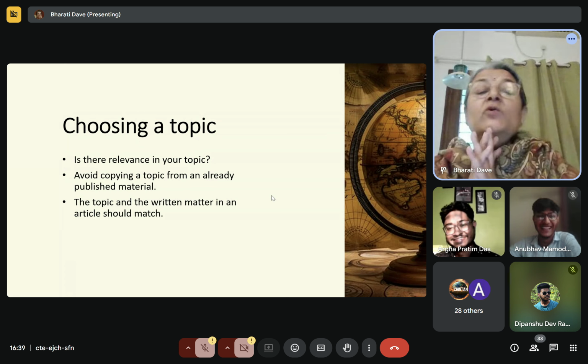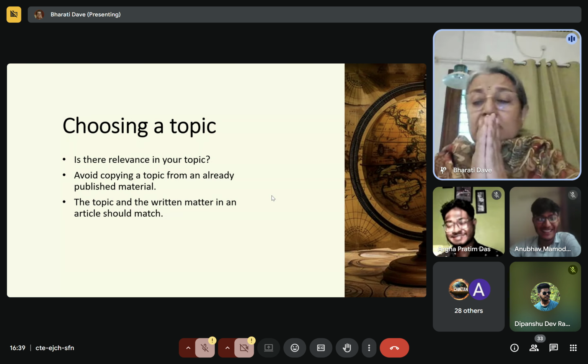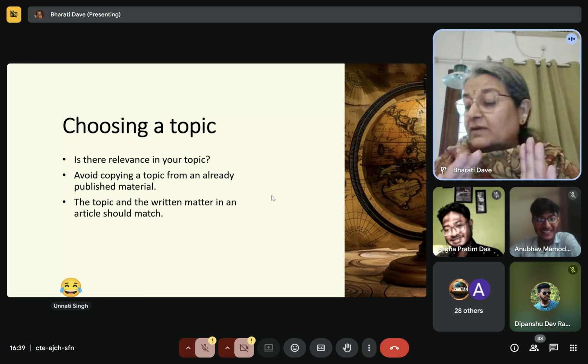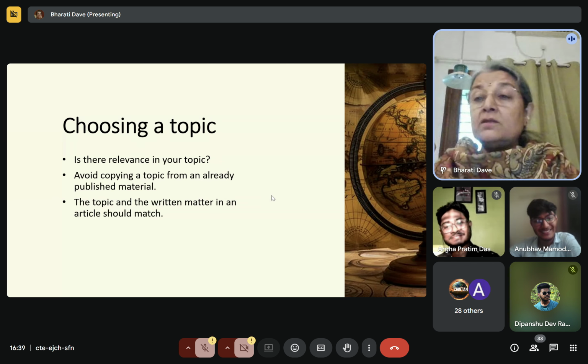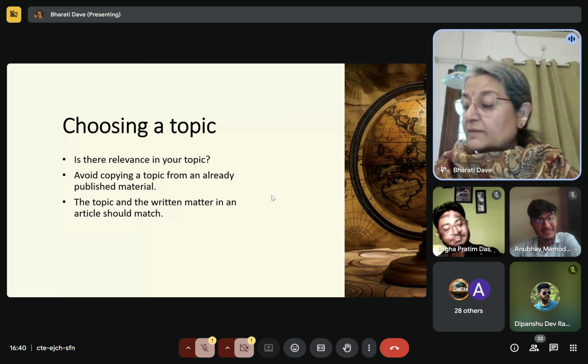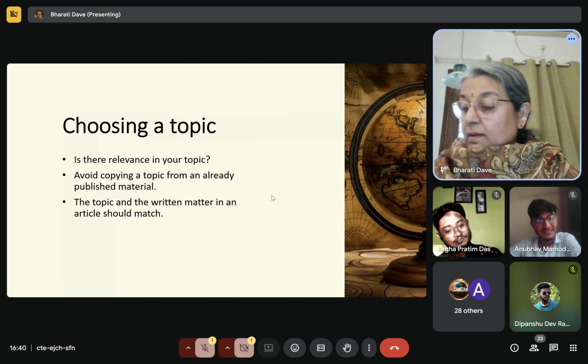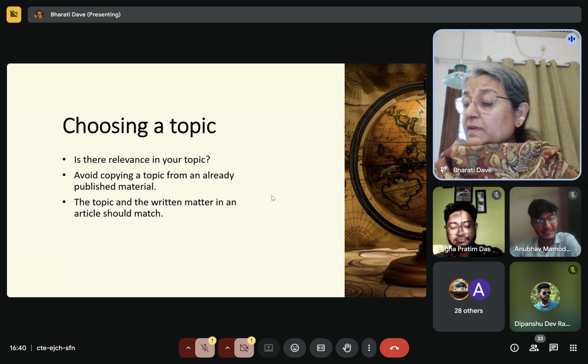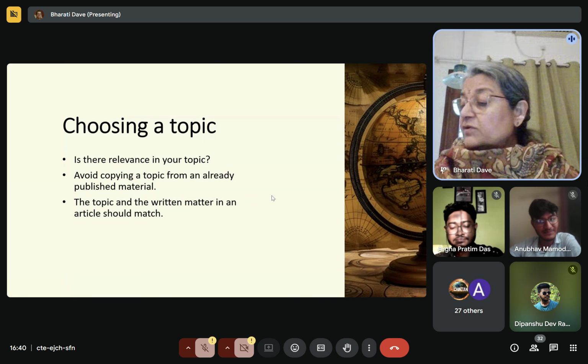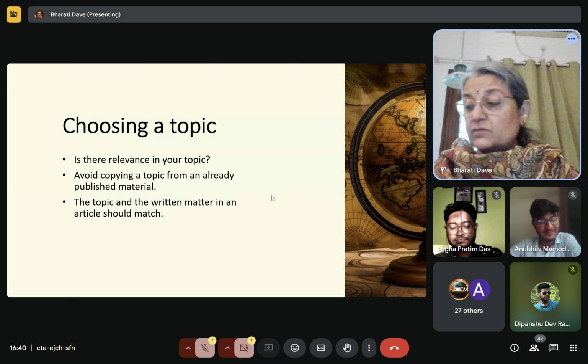So when you're picking up a topic, topic has to be very specific. ये ही when you say उस टॉपिक में सब कुछ आना चाहिए, पर बड़ा स्पेसिफिक होना चाहिए, इधर उधर की बातें नहीं करनी चाहिए. And then it should be something which is of interest to you. First, interest to you.